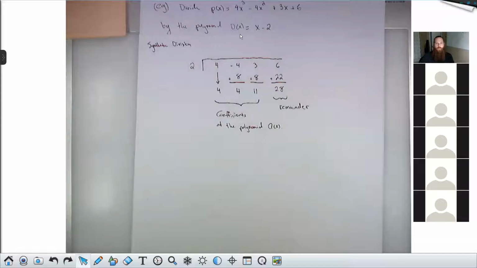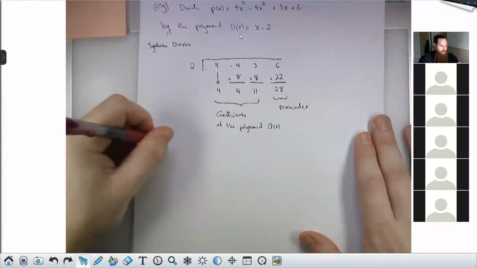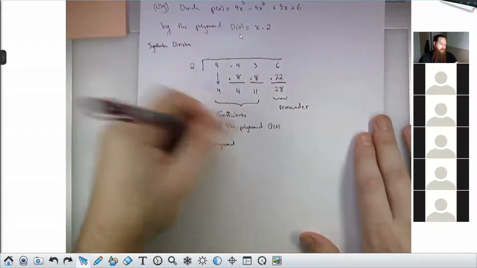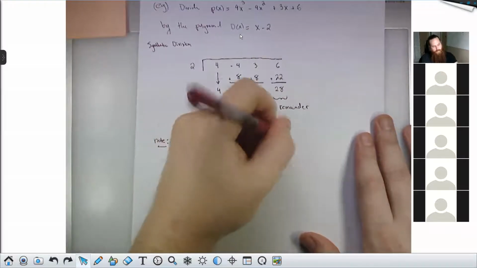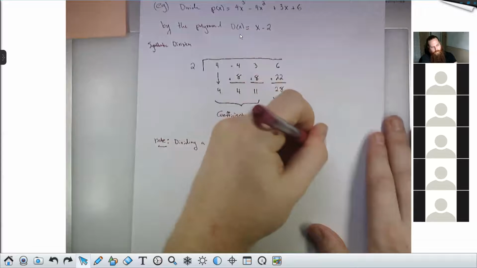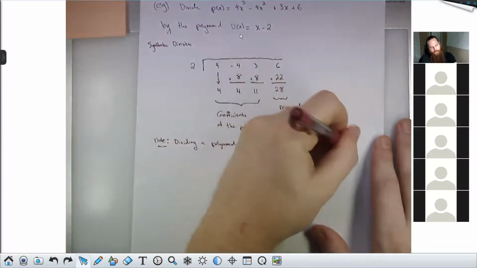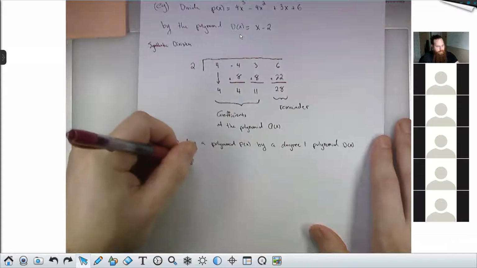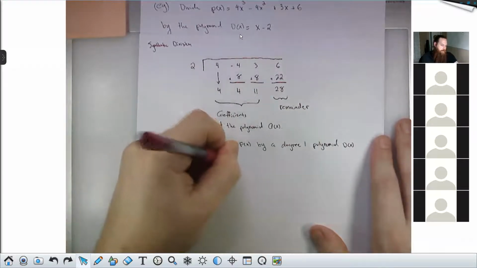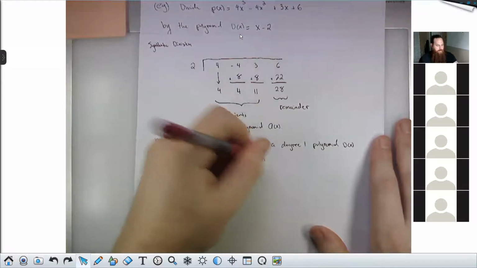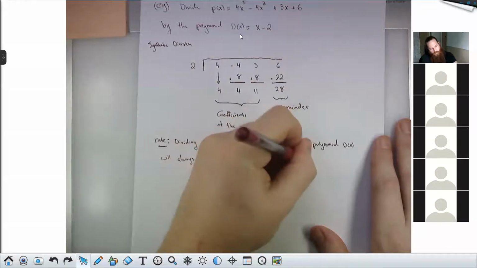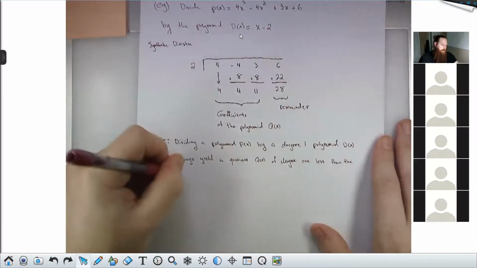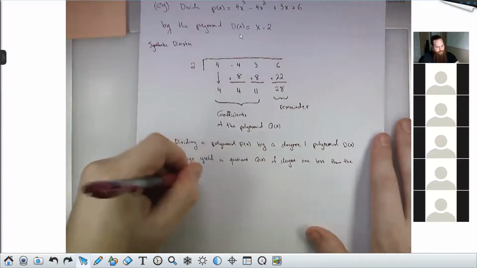In other words, dividing a polynomial p of x by a degree 1 polynomial d of x will always yield a quotient polynomial of degree 1 less than the degree of p of x, just to be consistent with the notation.